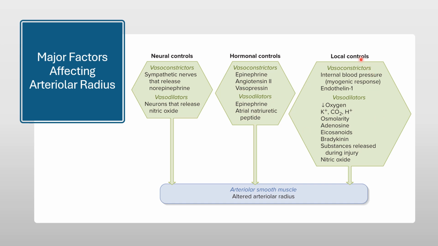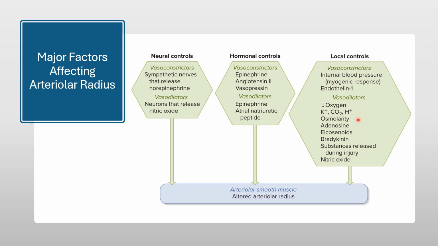And then local controls. A decrease of oxygen is going to automatically cause a vasodilation. The presence of potassium, CO2, and hydrogen is going to cause vasodilation.